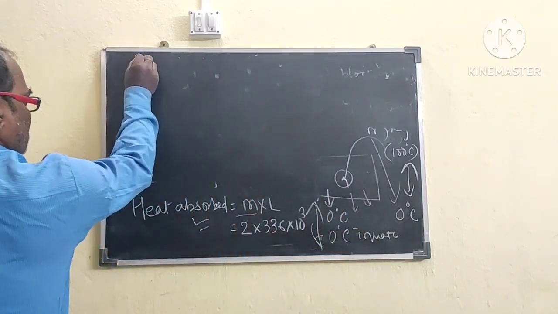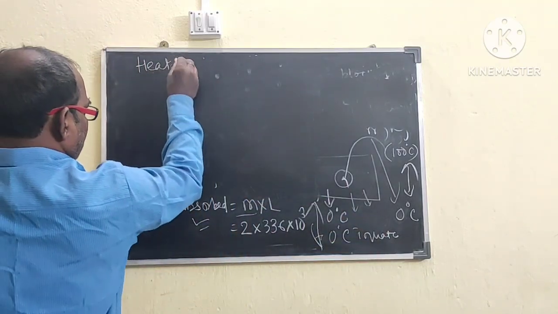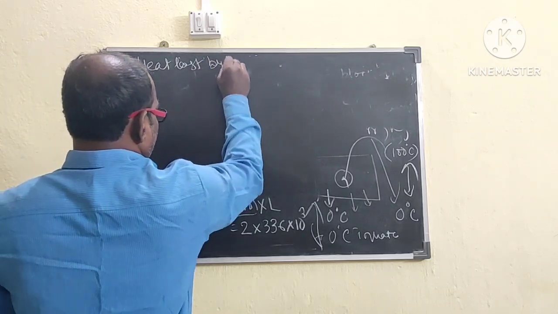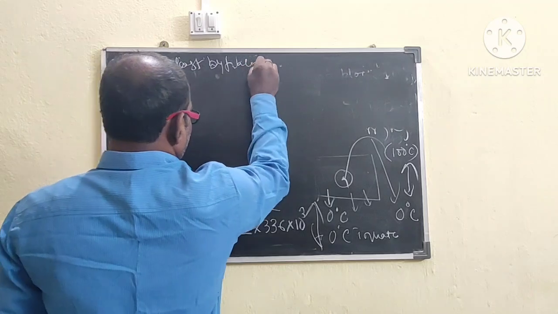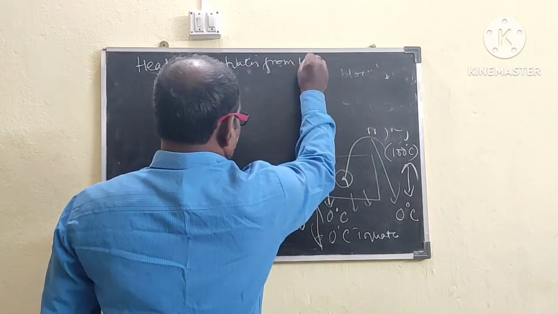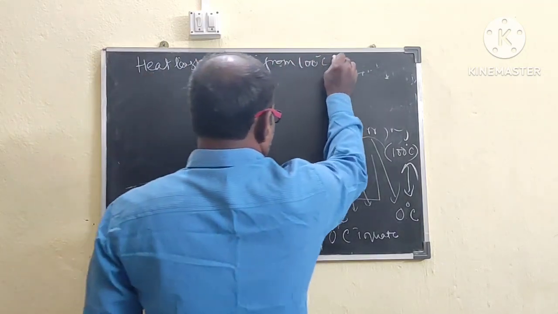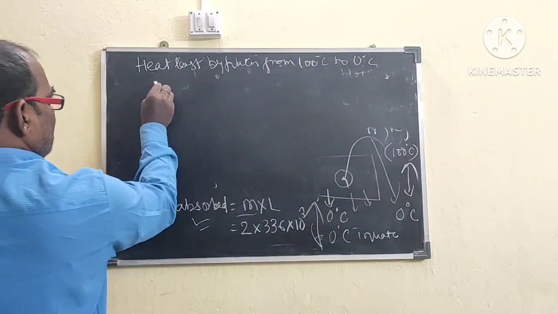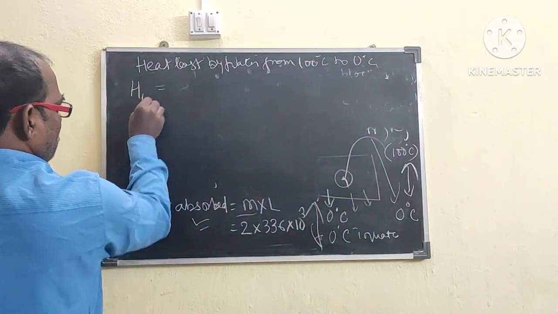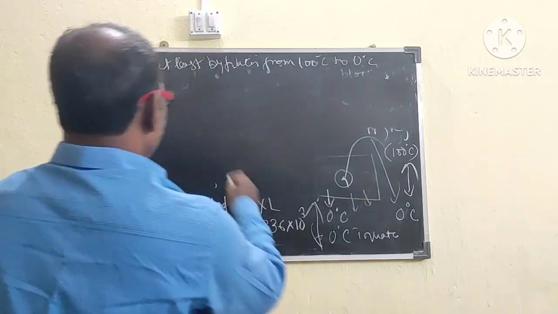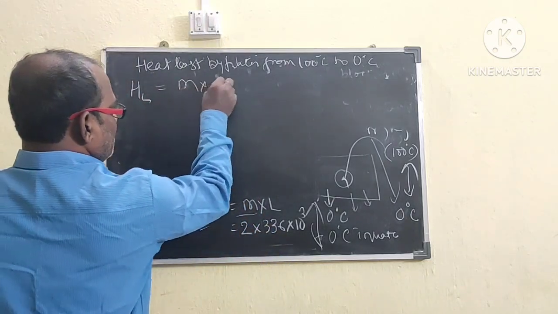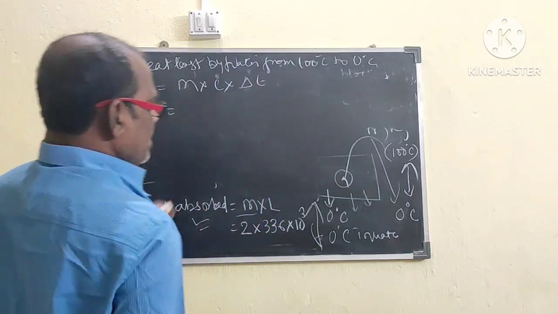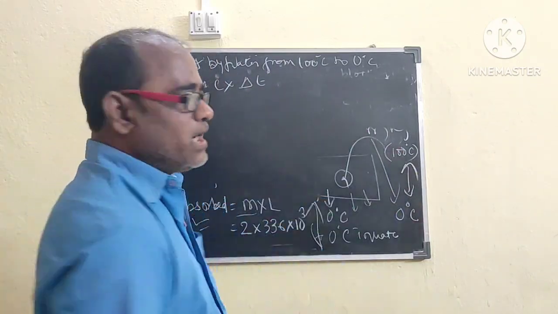Heat lost by water from 100 degrees Celsius to 0 degrees Celsius is equal to m into c into delta T. The mass of the water we don't know, let it be m kg.